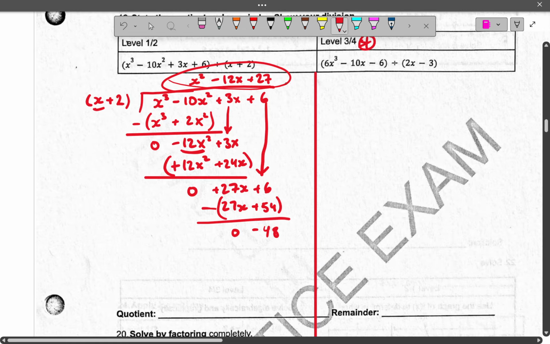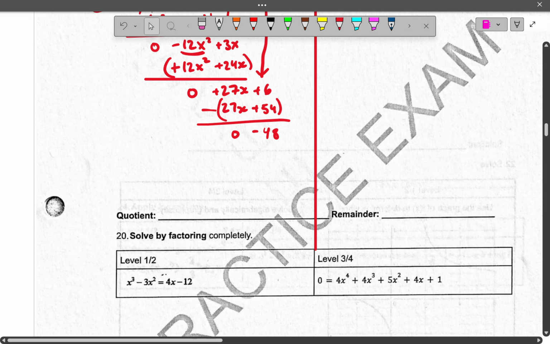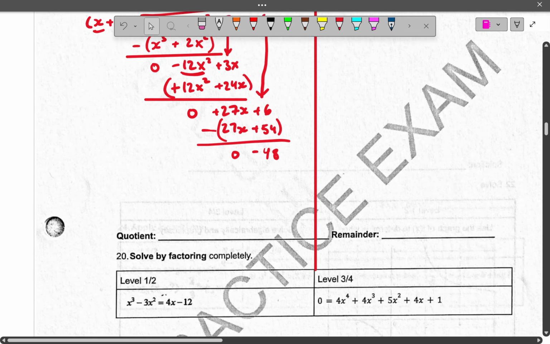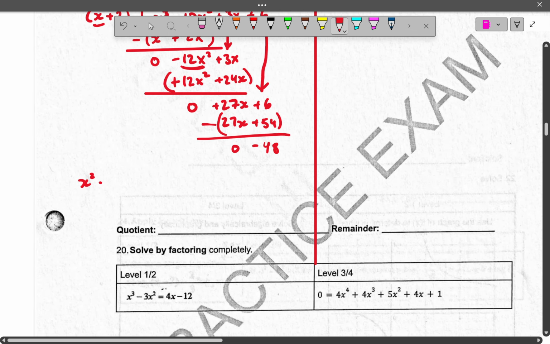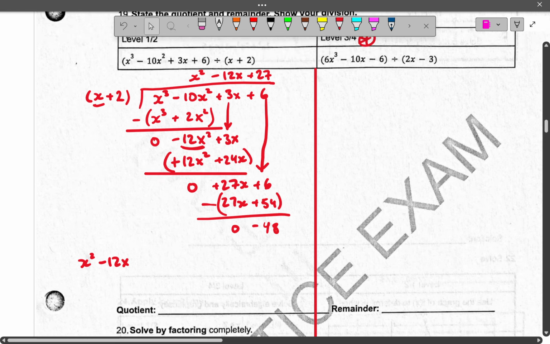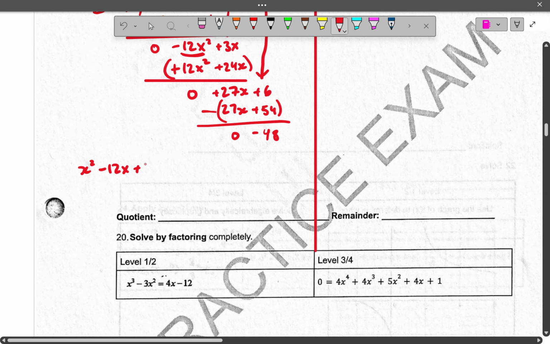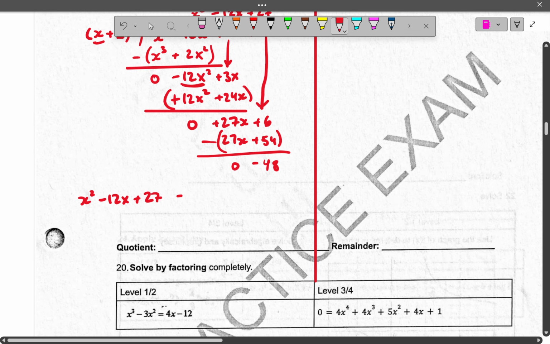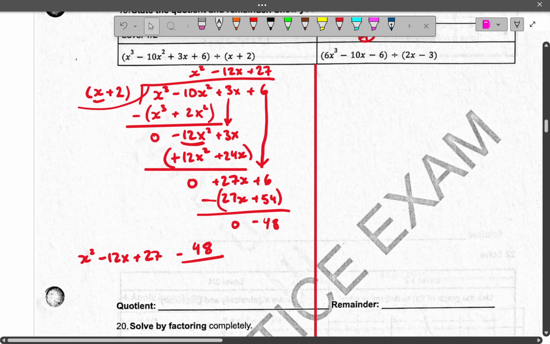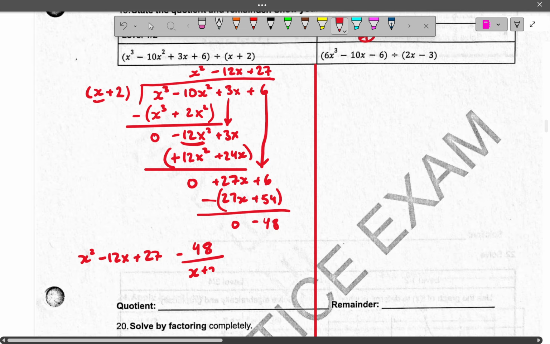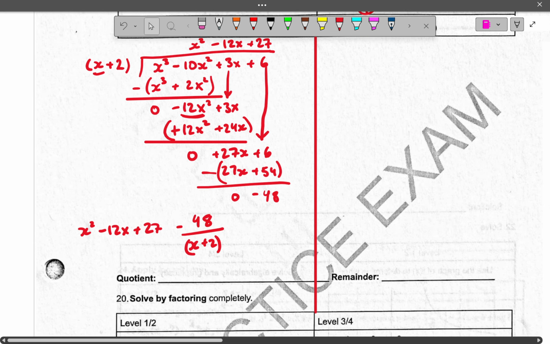And that asks also for the remainder. So we get x squared minus 12x plus 27, and then you put a remainder of negative 48, and we divide by whatever we were dividing this entire polynomial by. So it's x plus 2. So that's our result.